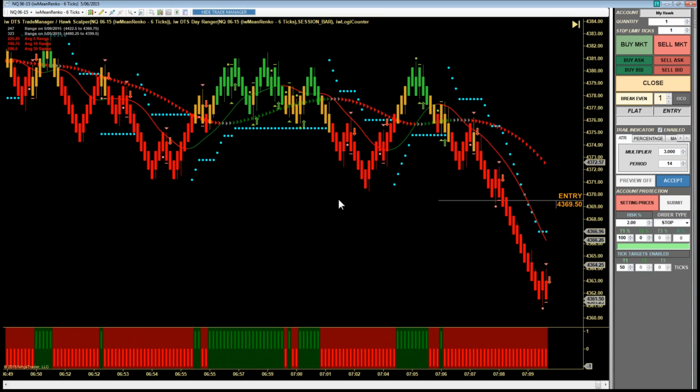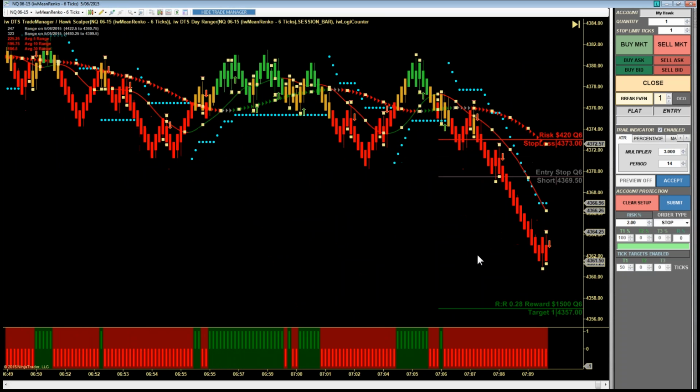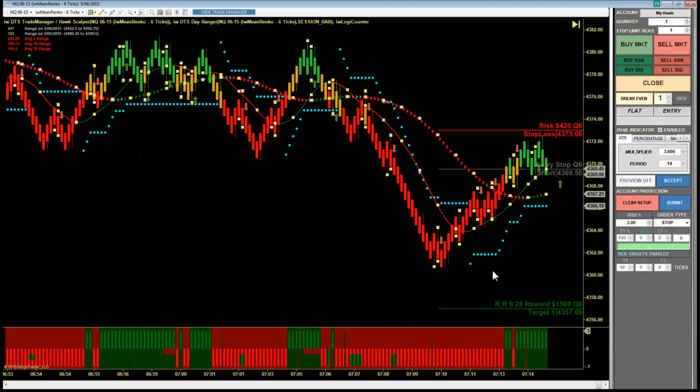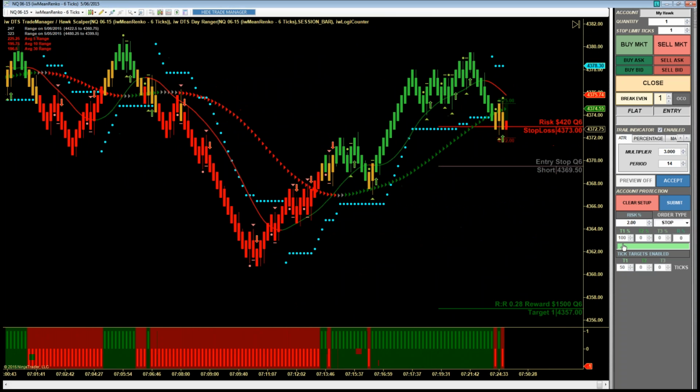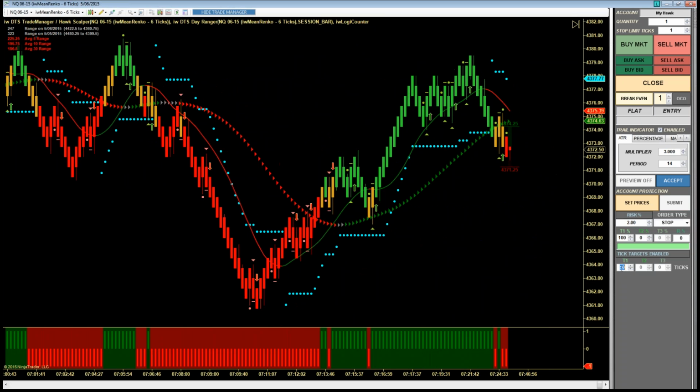First micro macro cross signal right here. Was that enough? Nope, not quite. Came up a little short, but it still would have had some profit here. Would have been stopped out right about there somewhere. 50 ticks might be a touch aggressive on the hawk. Okay, getting a possible red bar buy.